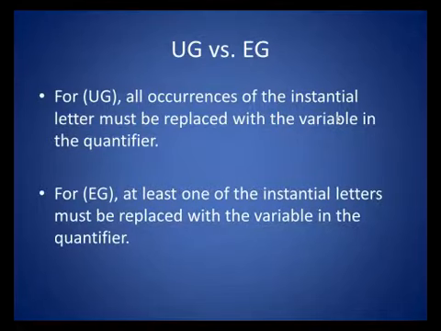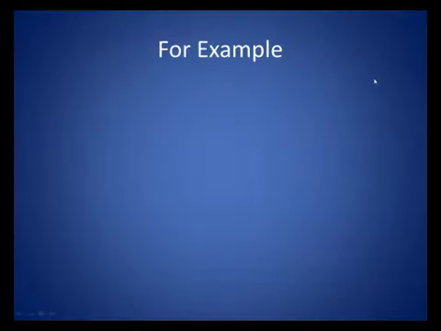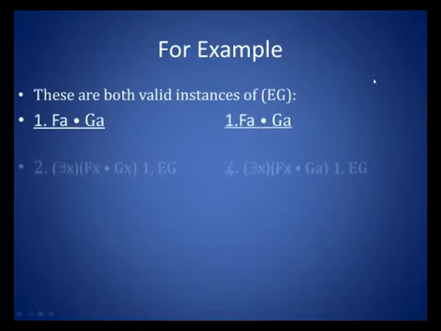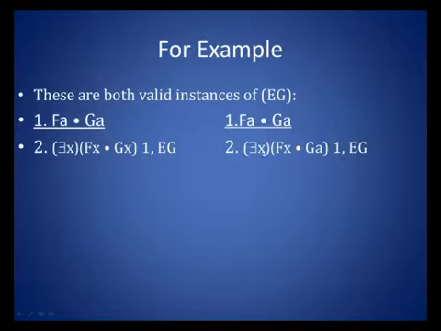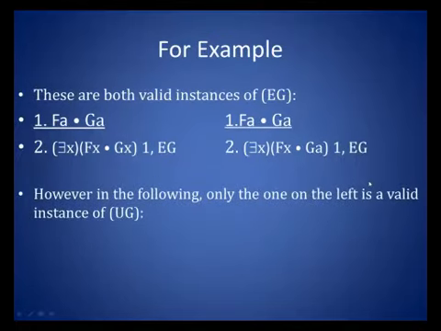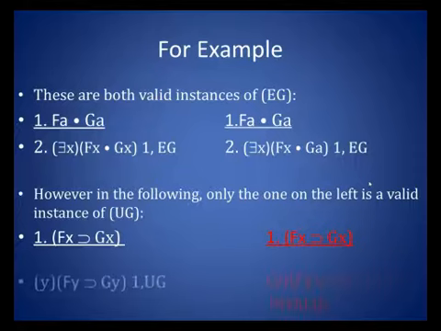Okay, backing up. Now again, for UG, all occurrences of the instantial letter must be replaced with a variable in the quantifier. So every single instantial letter must be replaced with the variable in the quantifier. So again, unlike EG, where I could replace one of my instantial letters with a variable and not the other, when we do UG, we have to replace them all.